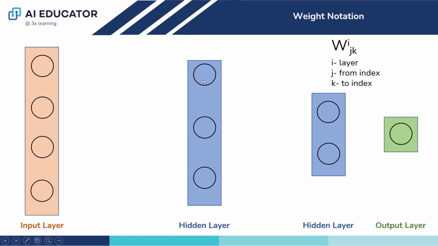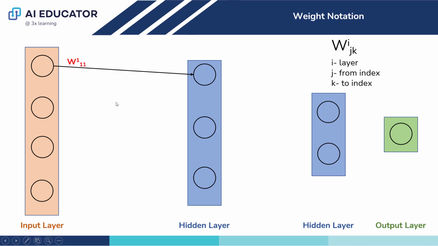Now let us see how we do it. Let us consider this node and connection going to all these 3 nodes. How will we notate those weights? First, let us see the connection between these 2 nodes, which will be this one, and it will have a notation of W111 because it is coming from the first node and going to the first node.